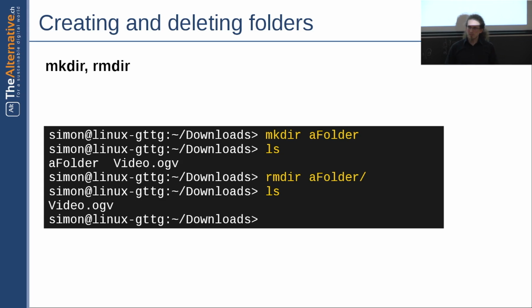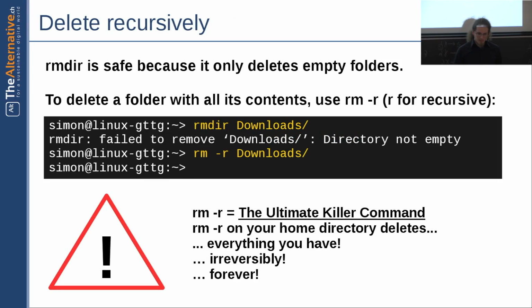rmdir is a little bit special in that it doesn't remove directories with file content. It will refuse to remove directories that have something in them. You either need to delete all the contents first with rm, or you use rm -r to remove everything that's below and including the specified folder.